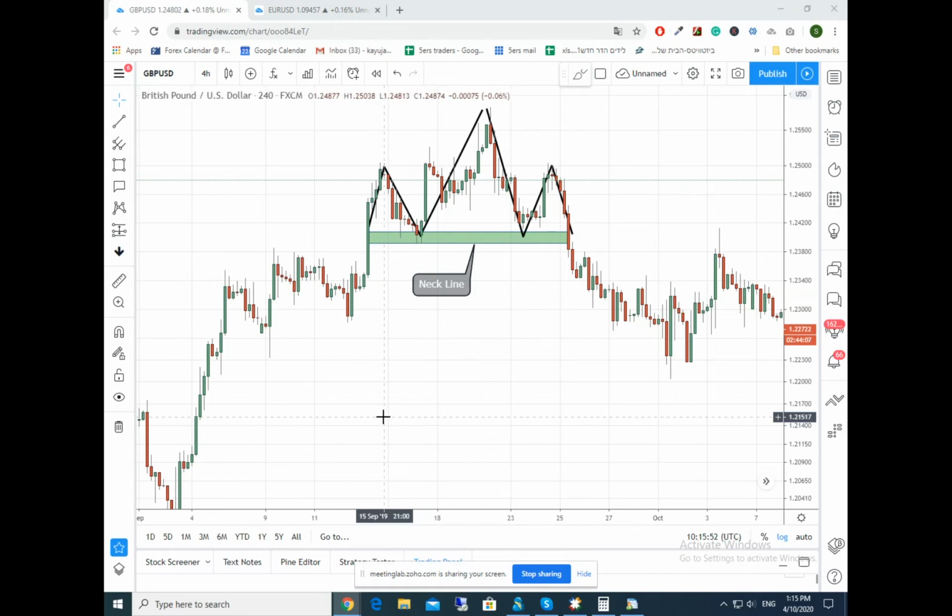So what is the logic behind the head and shoulders? As you can see, the price just arrived to this area after an uptrend. What defines an uptrend is that every new low that the price creates is higher than the previous one.